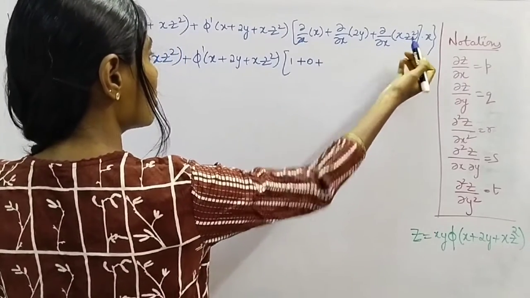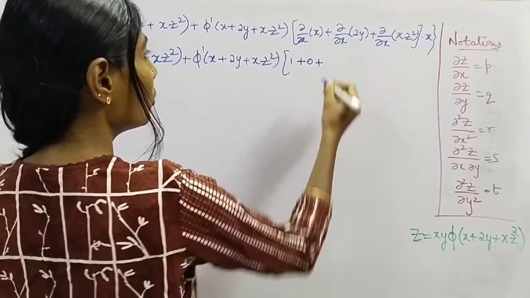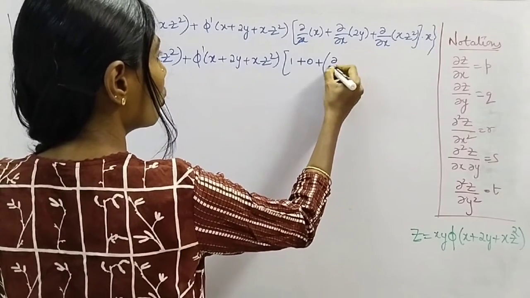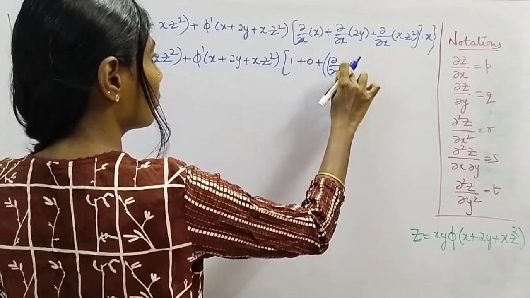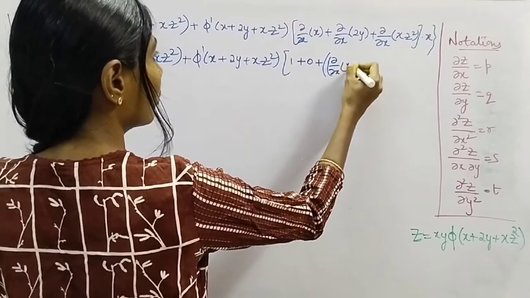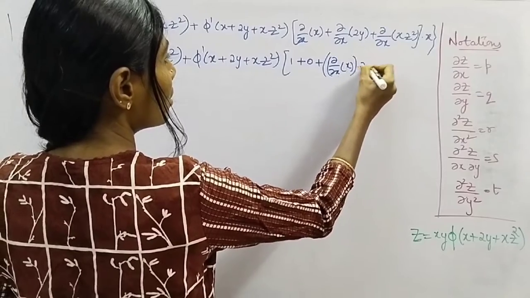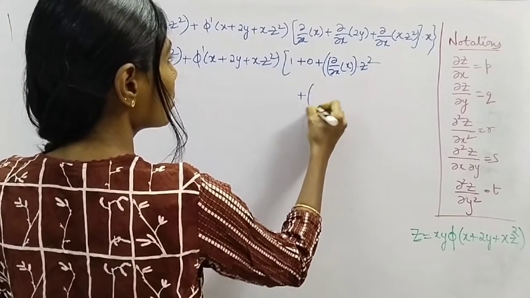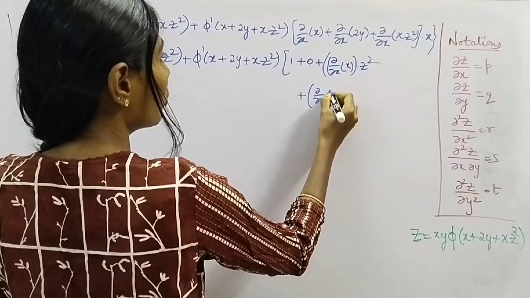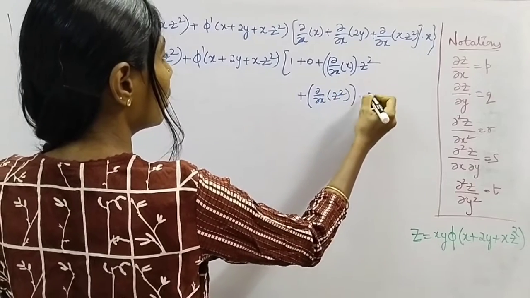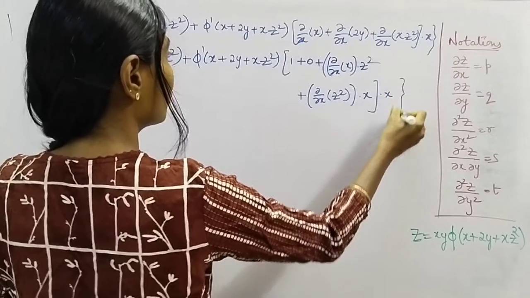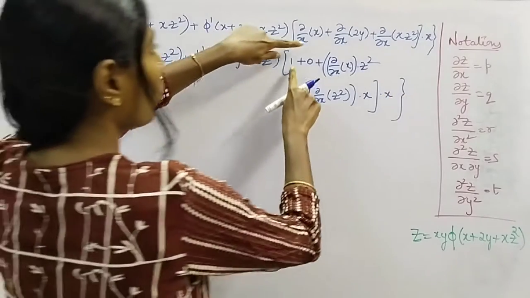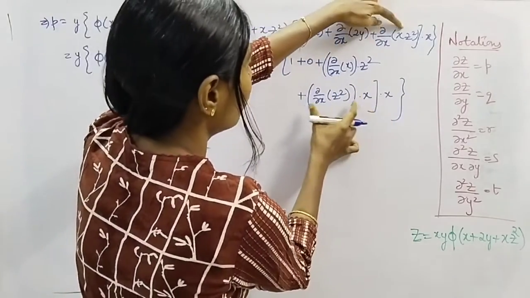Treat x as u and z square as v and apply the uv whole prime formula, that is dou by dou x of x into z square plus dou by dou x of z square into x, into this x. Clear, right? 1, 0 and the derivative of this.